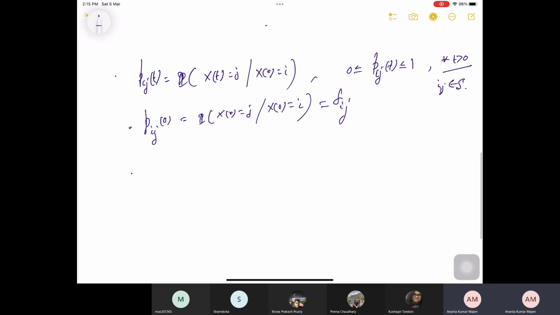And not only that, you check yourself that if you sum over j of Pij(t), similar to the discrete time Markov chain, where summation over j of Pij(n) for the n-step transition probabilities gives you 1, this also holds for all positive t.